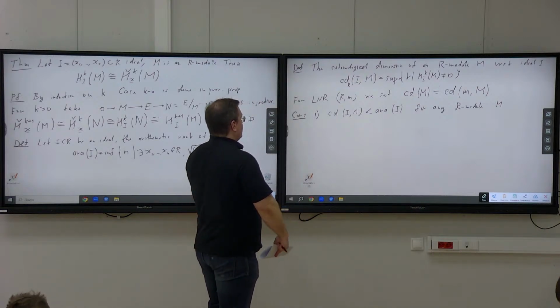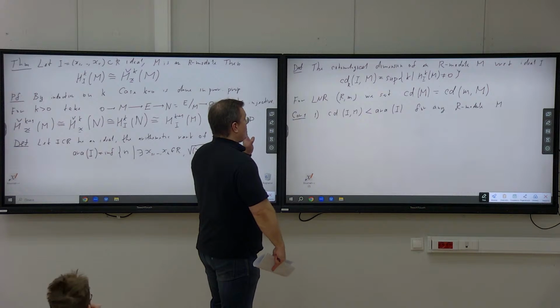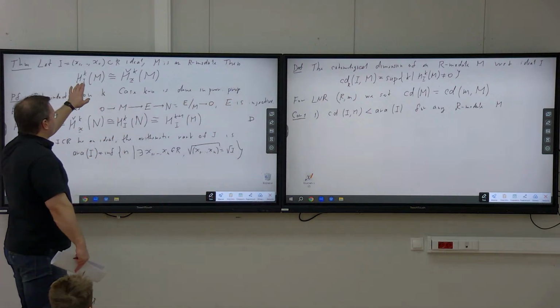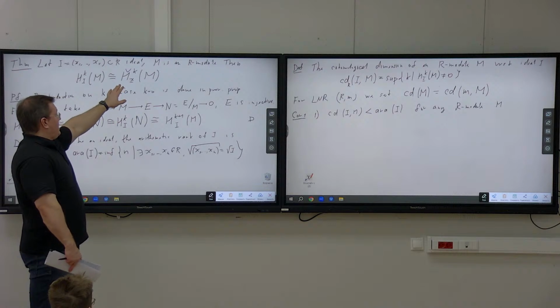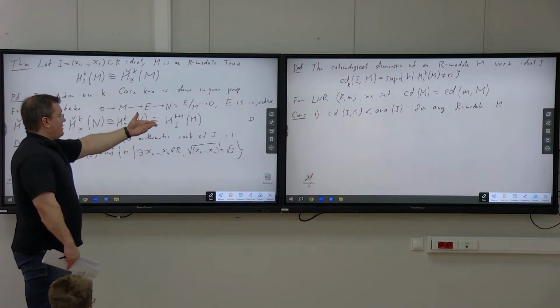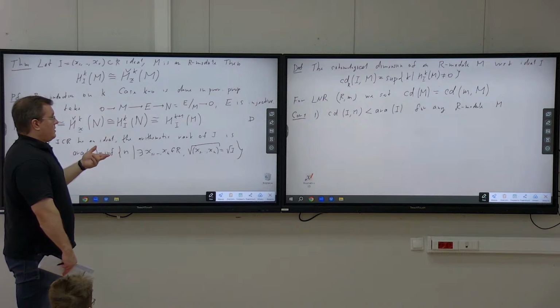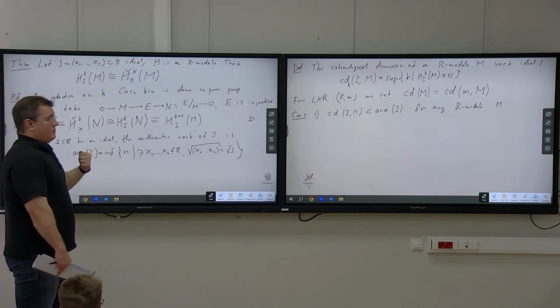Well, the statement is that we definitely have the vanishing of the local homology if we go beyond the arithmetical rank. But this is true since we can compute this local homology using the Čech homology, and in the Čech homology we have an explicit complex, and it stops when we reach the degree which is equal to the number of generators.